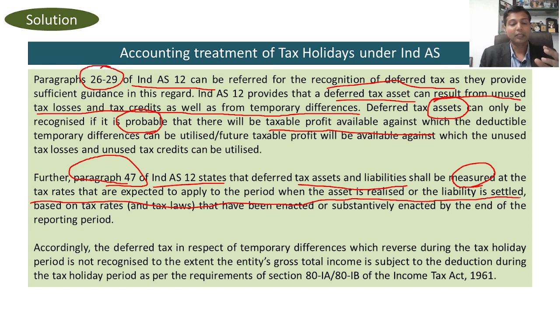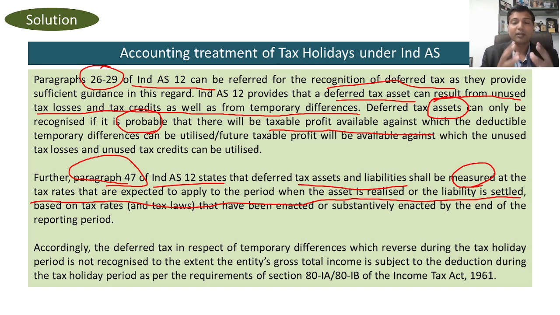So when we multiply DTA with the tax rate, that tax rate should be the enacted or substantively enacted tax rate that is expected to apply when it is realized or settled. So whether to create DTA or DTL and at which rate should be based on the period in which the DTA is going to reverse or DTL is to be settled.